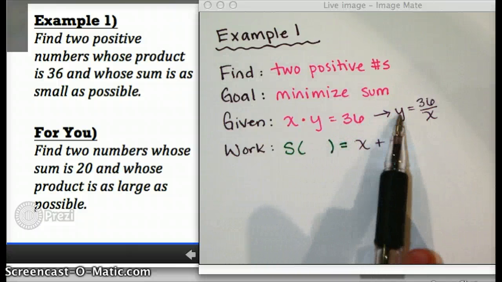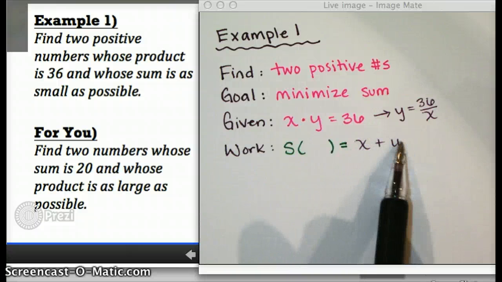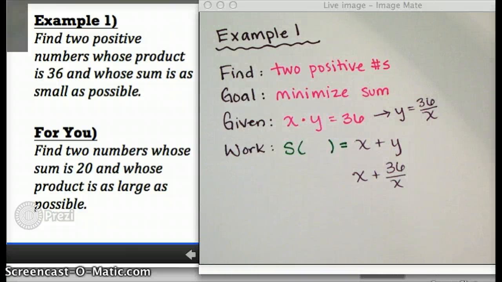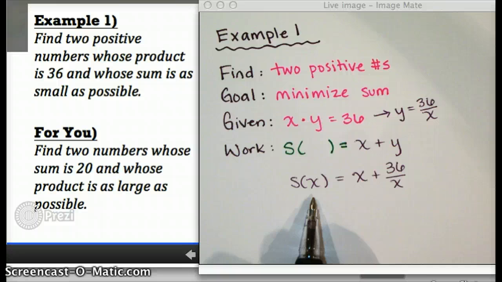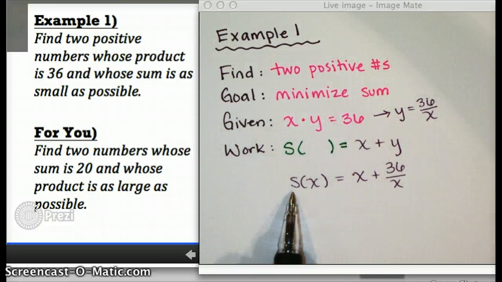Well, if y is the same thing as 36 over x, then x plus y is the same thing as x plus 36 over x. And just like that, we have a function with only one variable, a function whose output is the sum. The input x is one of the 2 positive numbers, and the output is the sum. This is the function that I'm going to base my optimization around.